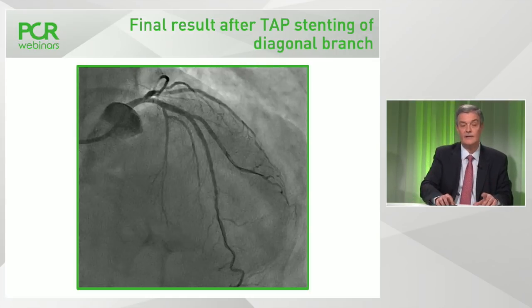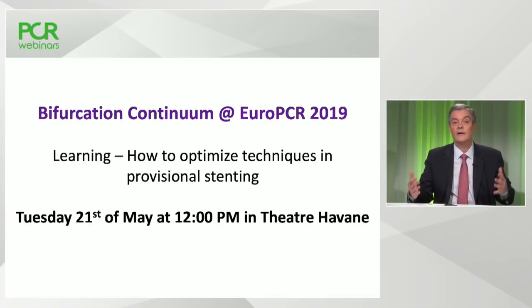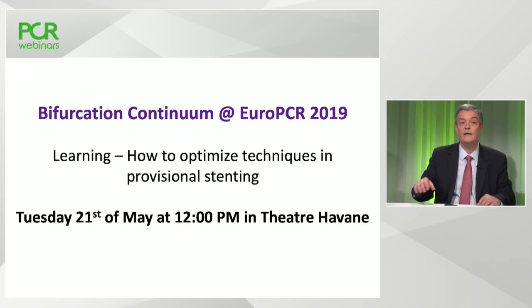And there is a session in the context of the bifurcation continuum during EuroPCR 2019, learning how to optimize techniques in provisional, Tuesday 21st of May, 12 o'clock in Theater Havane. So this is the final result.